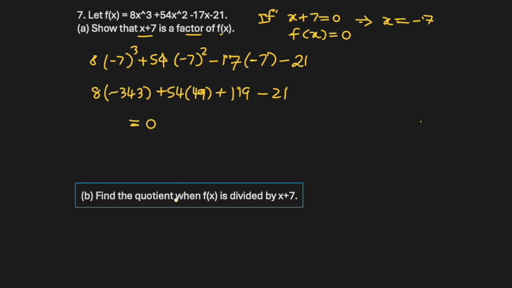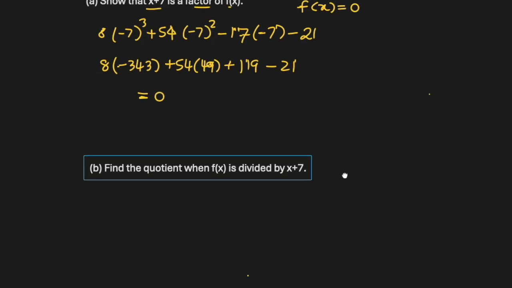Once we do this, they're asking us to find the quotient if this polynomial is divided by x plus 7. So x plus 7 is our divisor. It divides 8x cubed plus 54x squared minus 17x minus 21.